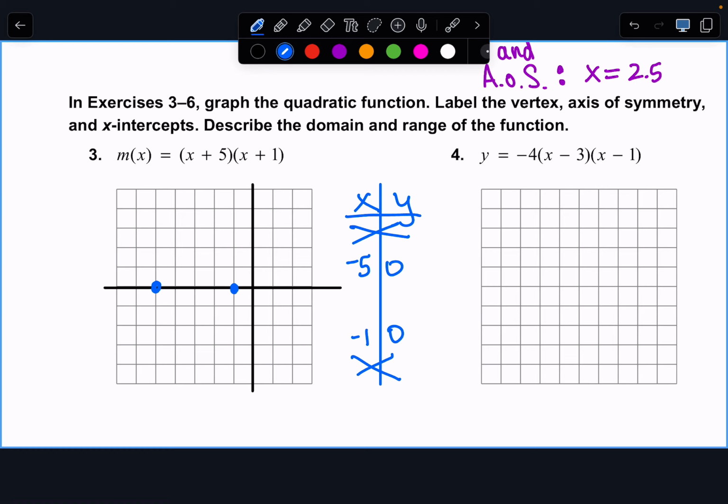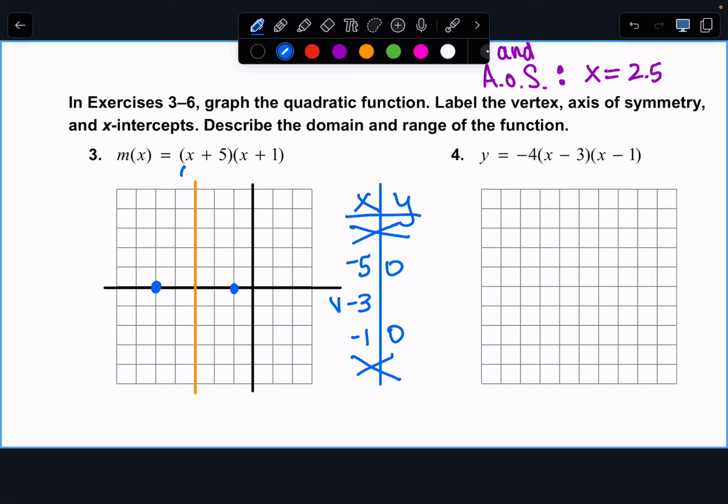Then we have our axis of symmetry. Where does that occur? Negative 3. So you know what? That is where our vertex is, at negative 3. So then, to figure out our vertex, we're going to have to plug it back in.